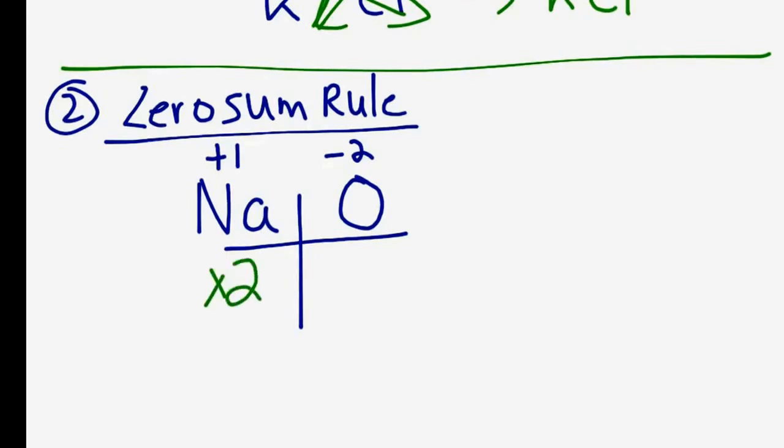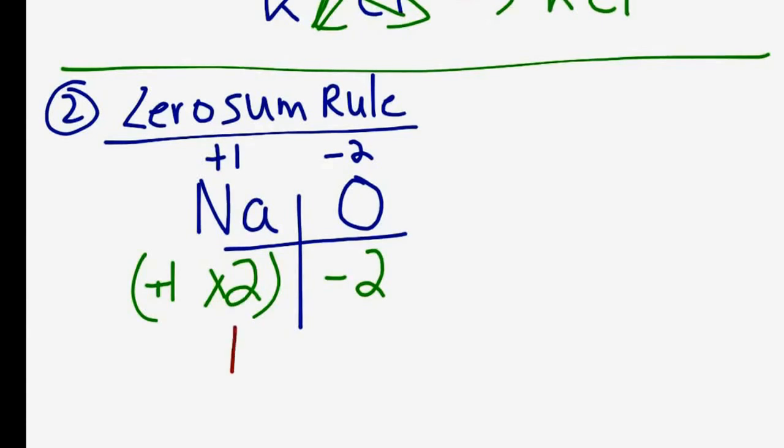You have to multiply it by 2. 2 times +1 is +2. If I add that to the negative side, I end up getting 0. Whatever number you multiply by, this becomes your subscript. So your answer is Na2O.